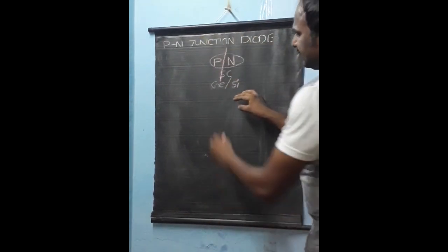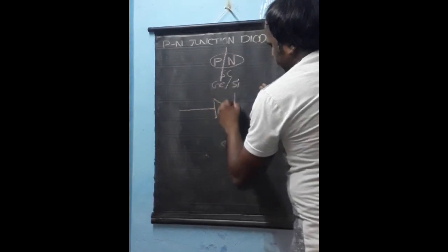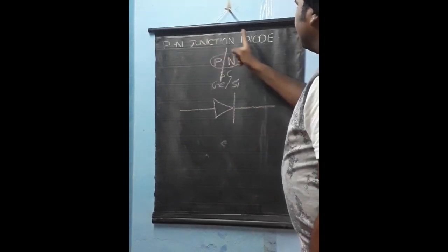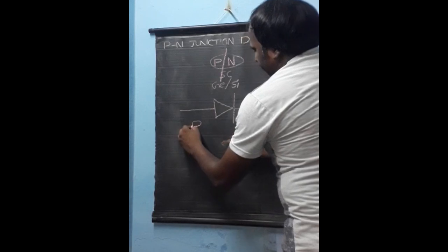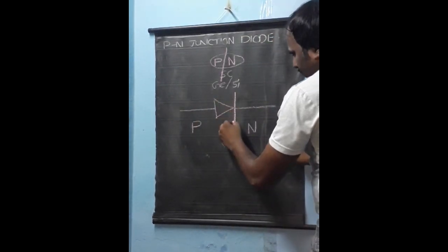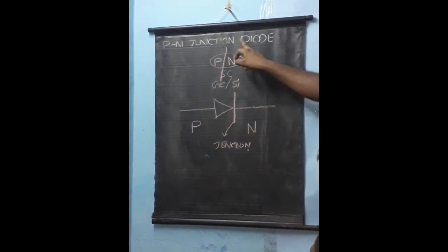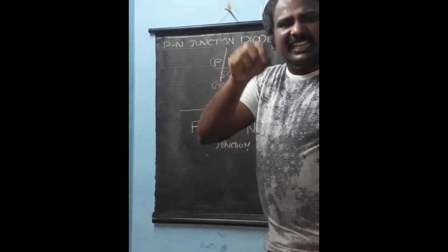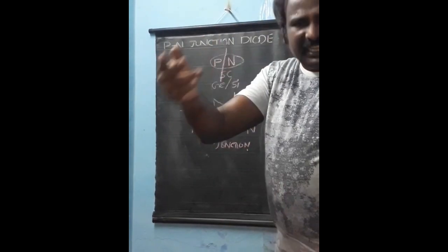The symbol of PN junction diode can be shown like this. The left part indicates P, the right part indicates N. This line is called the junction. Diode: di means two, ode means electrodes. So diode means a combination of two electrodes.